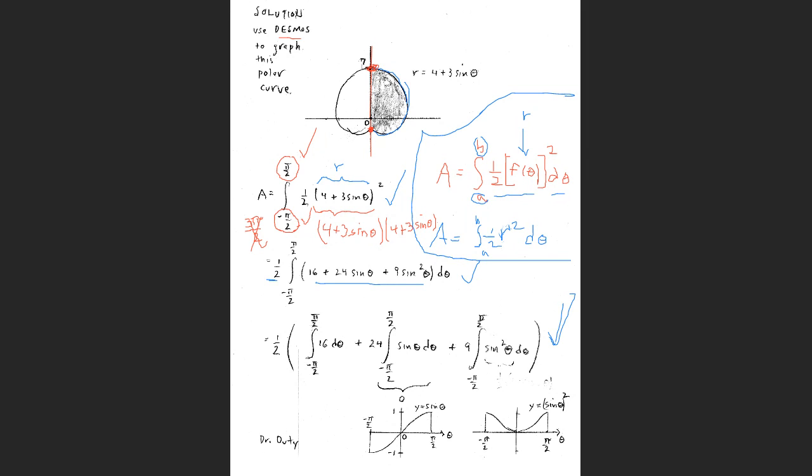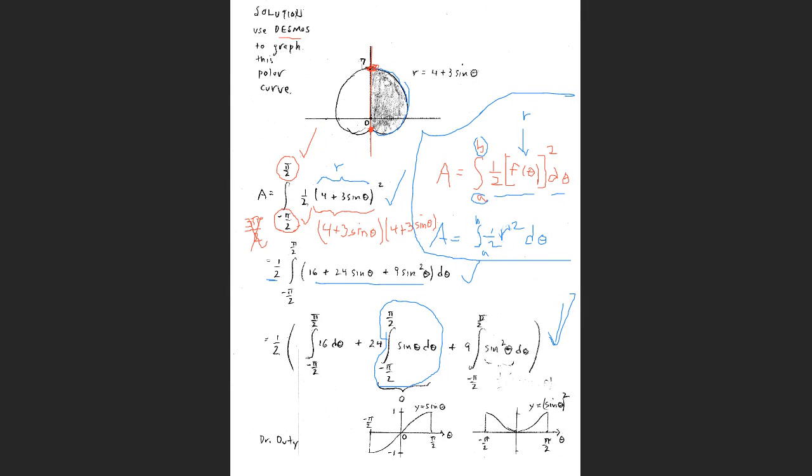All right, well now what I want to do is see if I can make my life a little bit easier. So for the second integral here, I could get the antiderivative of the sine and evaluate it at pi over 2 and negative pi over 2.